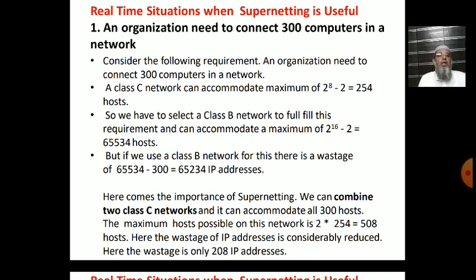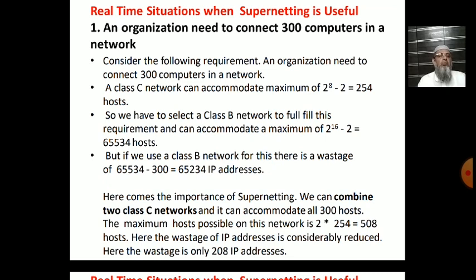If you use Class B, then we have one network with 65,534 hosts, and we are using only 300 machines. Now we are losing about 65,234 IP addresses. We are wasting those IP addresses.